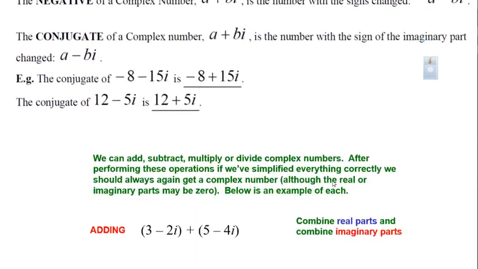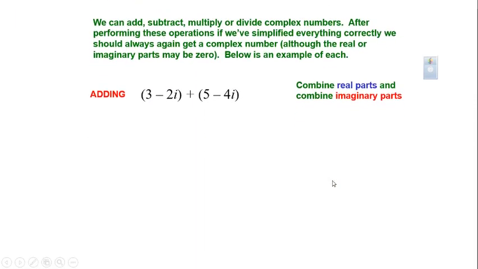Now, before I do a few examples of those, I just want to point out a few rules about adding, subtracting, and multiplying complex numbers. When you're adding complex numbers, you basically add them like you would any regular arithmetical expression. We treat the i like it's a variable, but just remember whenever you have i squared or i to any integer power, that can be simplified to either 1, i, negative 1, or negative i.